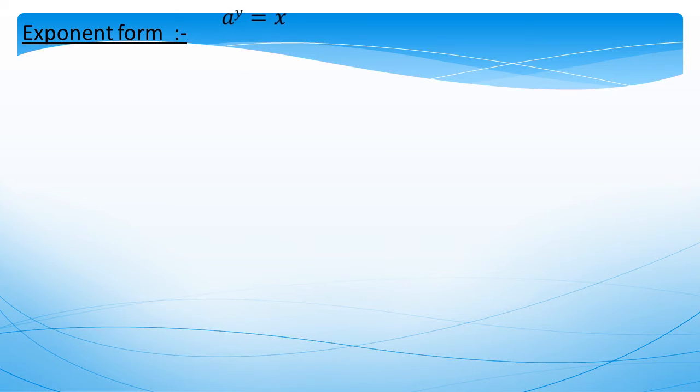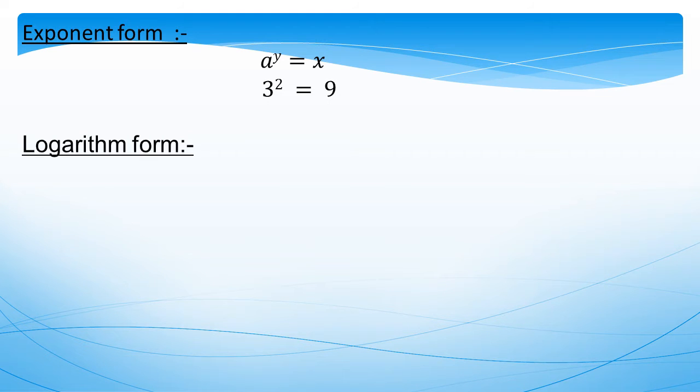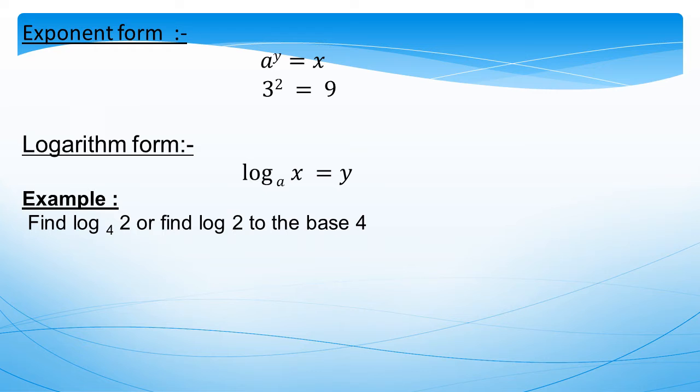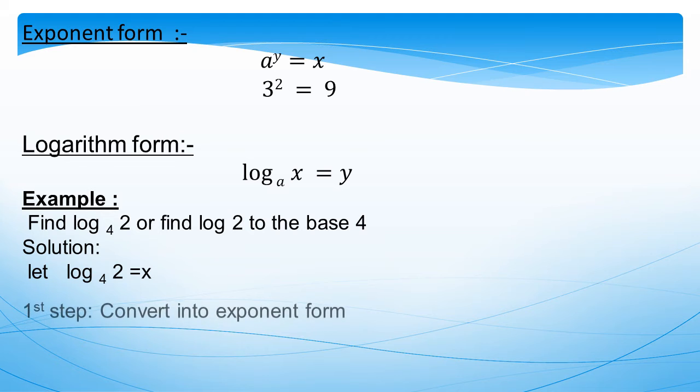Exponent form. In general, a raised to the power y is equal to x. 3 square is equal to 9. Logarithmic form. In general, logarithm of x to the base a equals y. Example, find logarithm of 2 to the base 4. In a solution, let logarithm of 2 to the base 4 equal x.